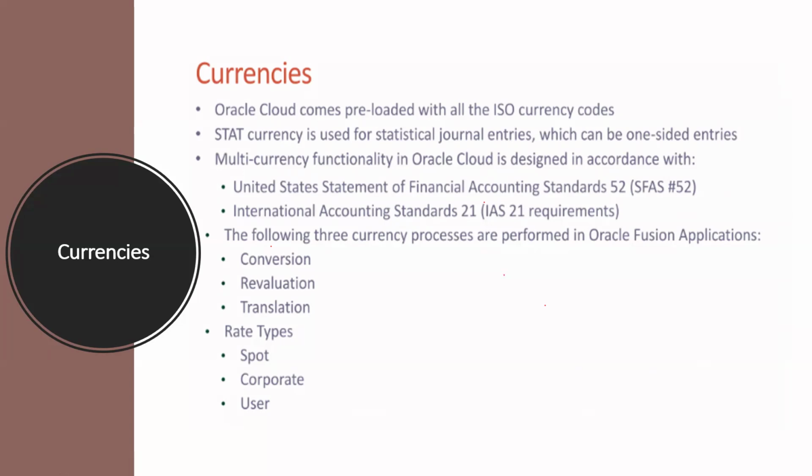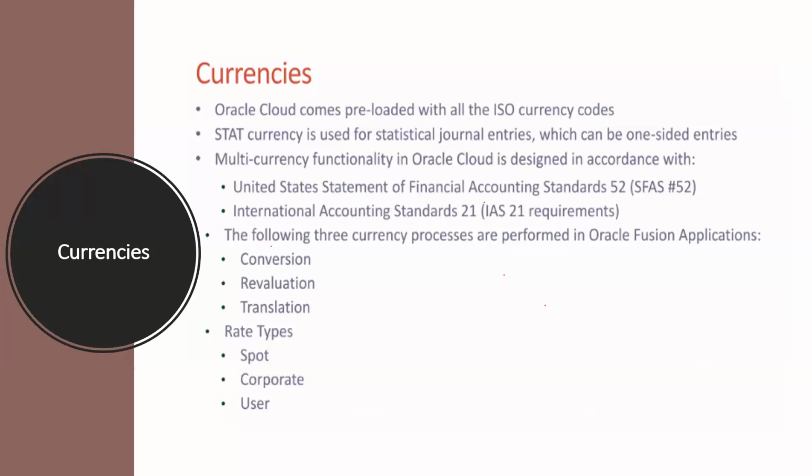So if ABC Limited is located in US, they have to create all the transactions in US currency, not UK currency, INR currency, or Australia currency. They have to follow their own local, functional currency. The India level company has to follow INR currency, and the Australia level has to follow AUD currency. Like that, the local currency where the business is located is considered the functional currency.